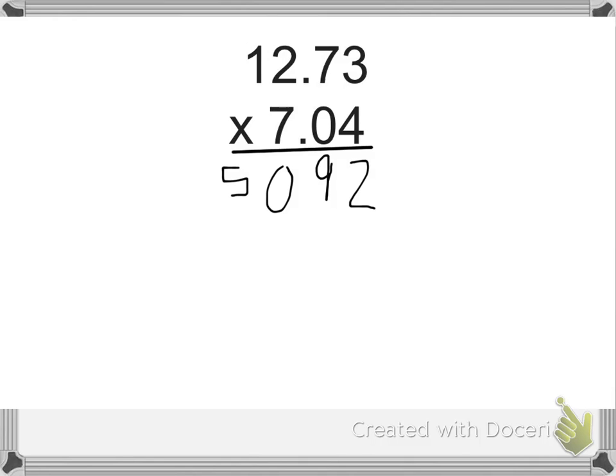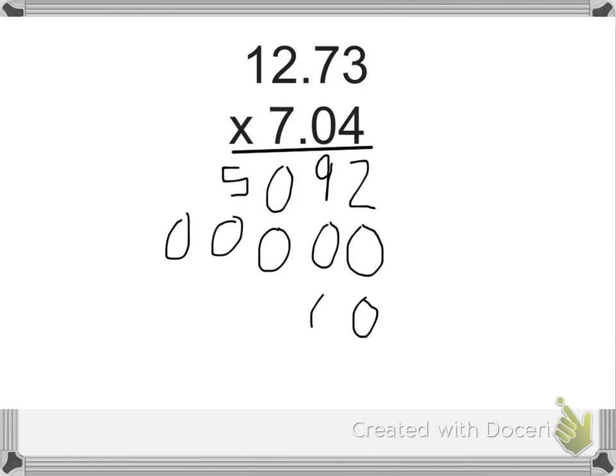Then you add a 0, and then you multiply 0 by everything, which of course is going to be 0. So all your numbers here are going to be 0. Then you add 2 more zeros because you're in the next place, which is a 7. So you multiply 7 times 3, and that gives you 21. And then you carry your 2 up top. And then you multiply 7 times 7, and that gives you 49.